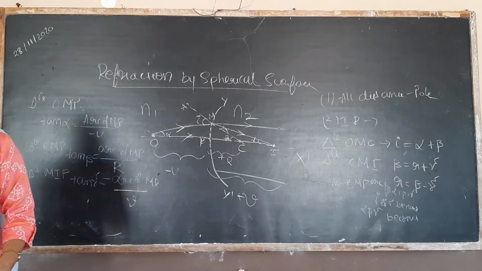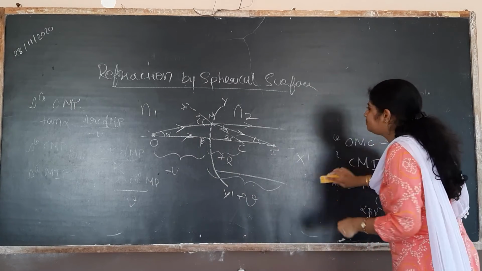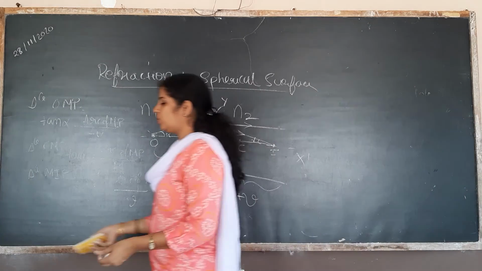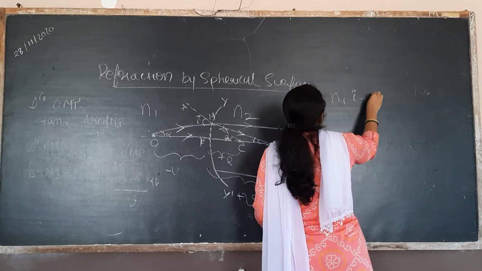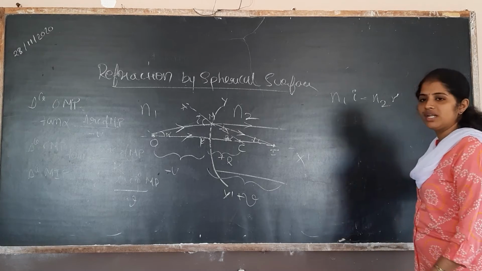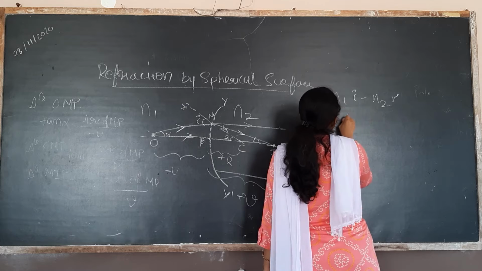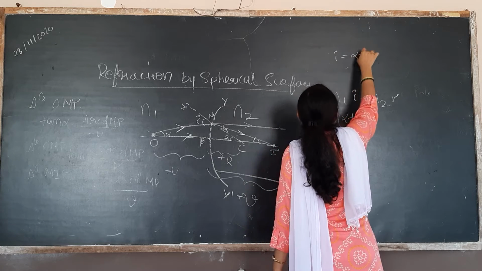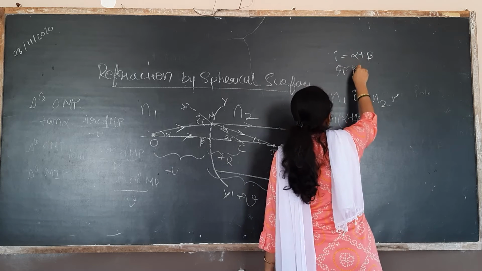As we know the refraction condition, what is the refraction condition? N1 sin i is equal to N2 sin r. From the previous derivation, I is equal to alpha plus beta, and R is equal to beta minus gamma.